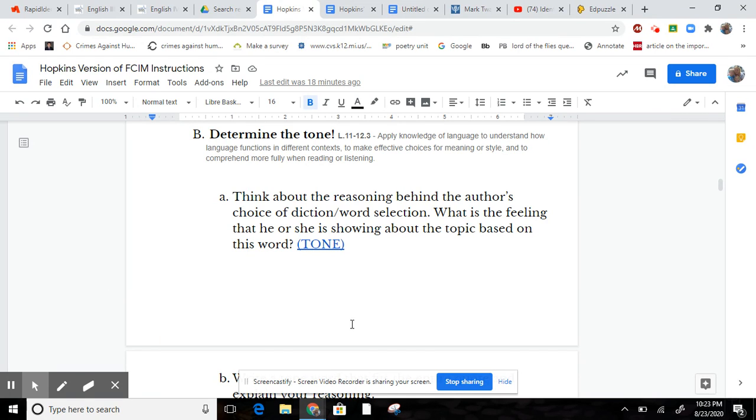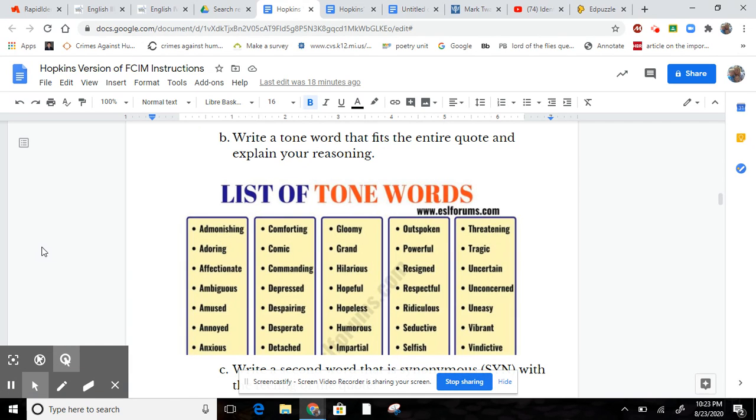Because an author's feeling towards his or her subject is the definition of tone. So, as you're thinking about the emotions that the author seems to have towards their subject, you're going to attach that to an emotional word or a tone word. So, you're going to write a tone word that fits the entire quote and explain your reasoning.